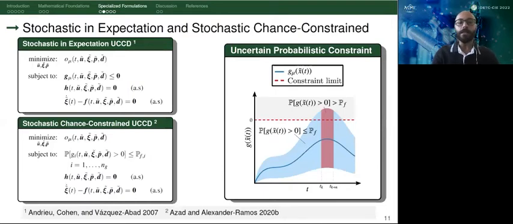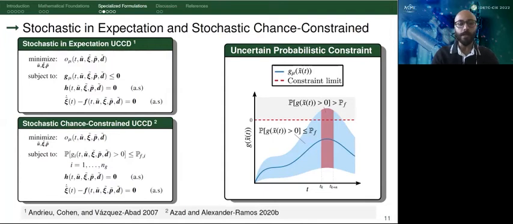Here, we have a stochastic and expectation UCCD and a stochastic chance constraint UCCD. Notice that a stochastic and expectation is a risk-neutral formulation. Therefore, no measure is taken to hedge against uncertainties, whereas a stochastic chance constraint is a risk-averse formulation.